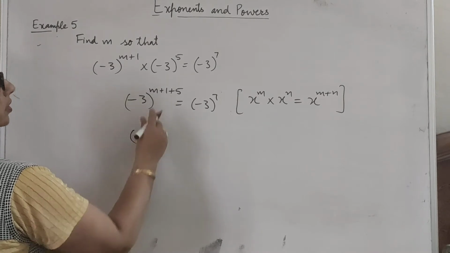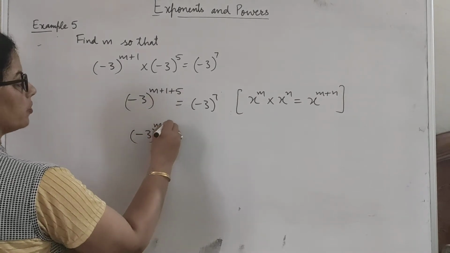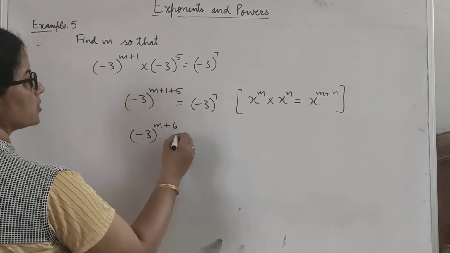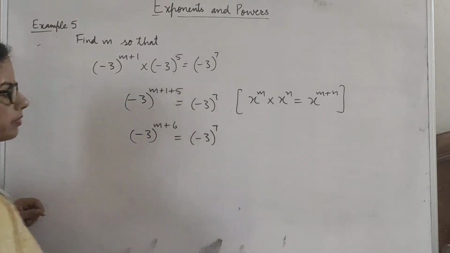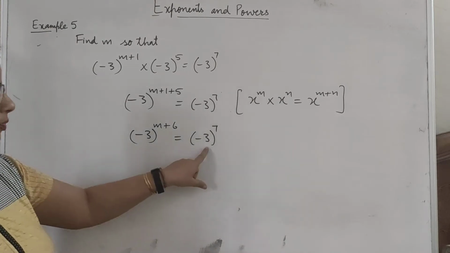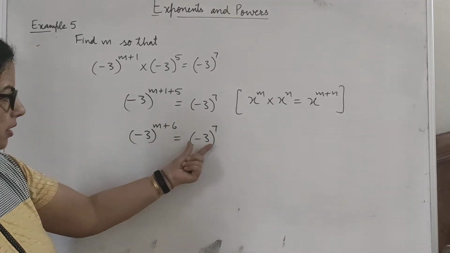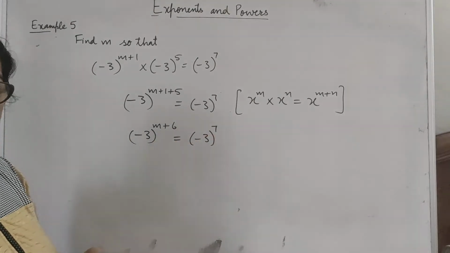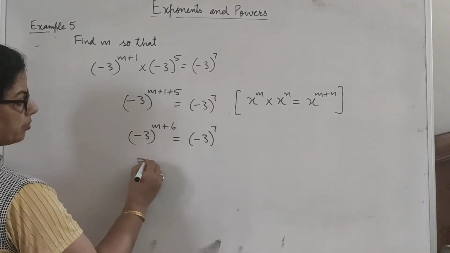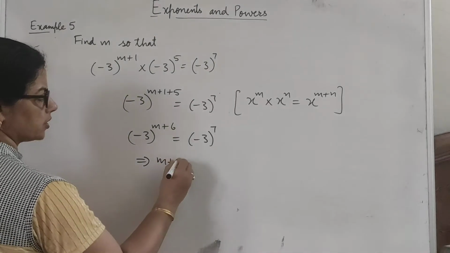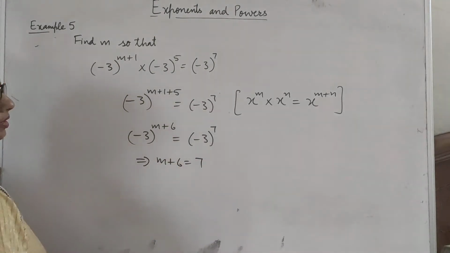Now we can simplify it more. 1 plus 5 is 6, so m plus 6 is equal to minus 3 raised to the power 7. Now see, these two are exponential forms, bases are same, so exponents will also be same. So we can write m plus 6 is equal to 7.